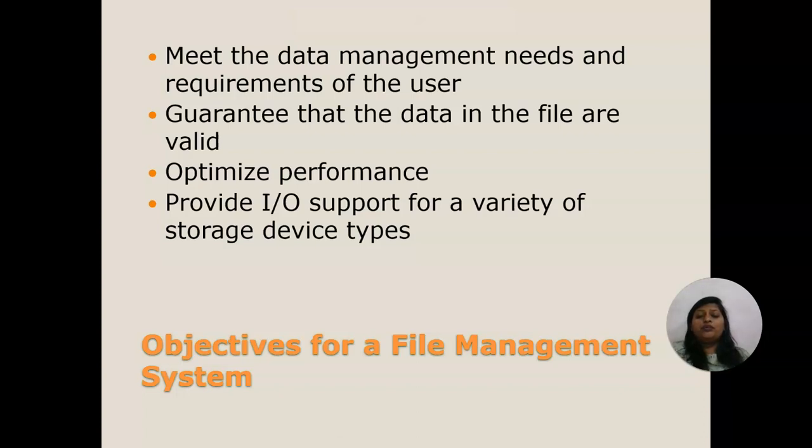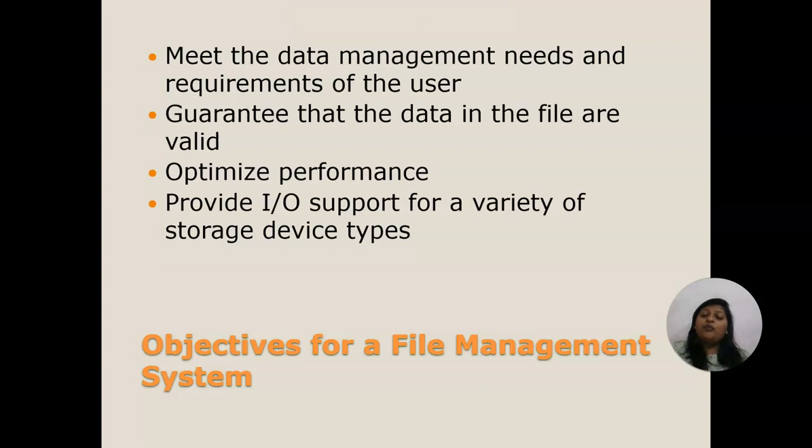Then we shall go through the objectives for a file management system. At first, meet the data management needs and requirements of the user is the first objective of a file management system. Second one is guarantee that the data in the file are valid. Then third one, optimize the performance.